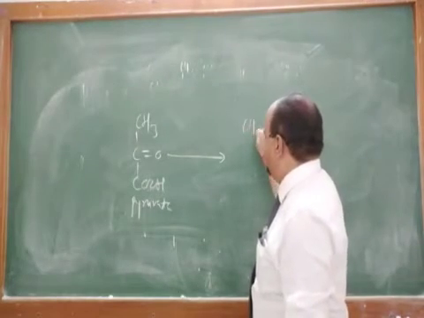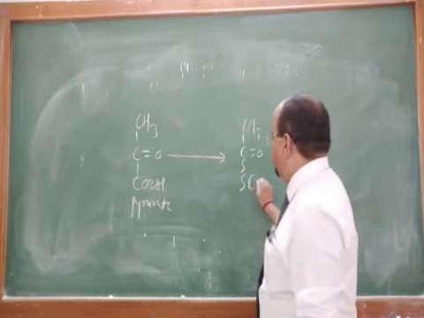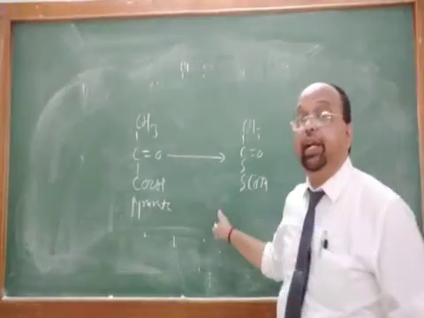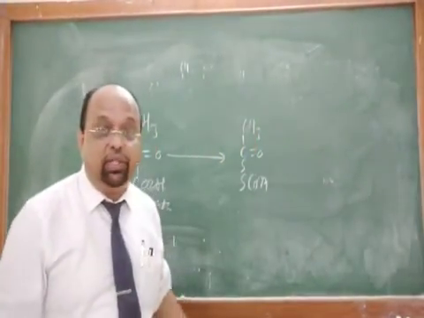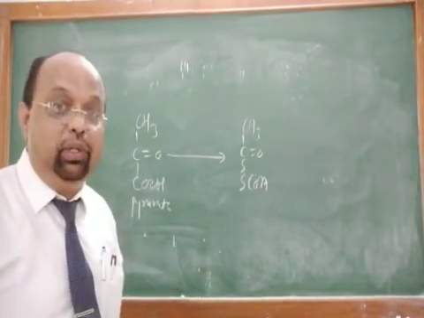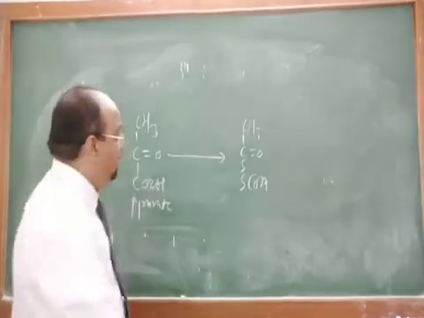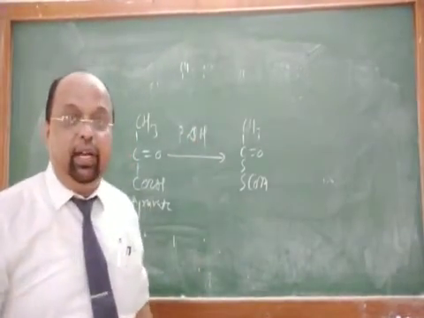Its structure is CH3-C double bond O-S-CoA. So the acetyl group is attached to the coenzyme. This is the activated form of the acetyl group, a high energy form, and this high energy bond is shown. This is possible by the enzyme PDH, pyruvate dehydrogenase.